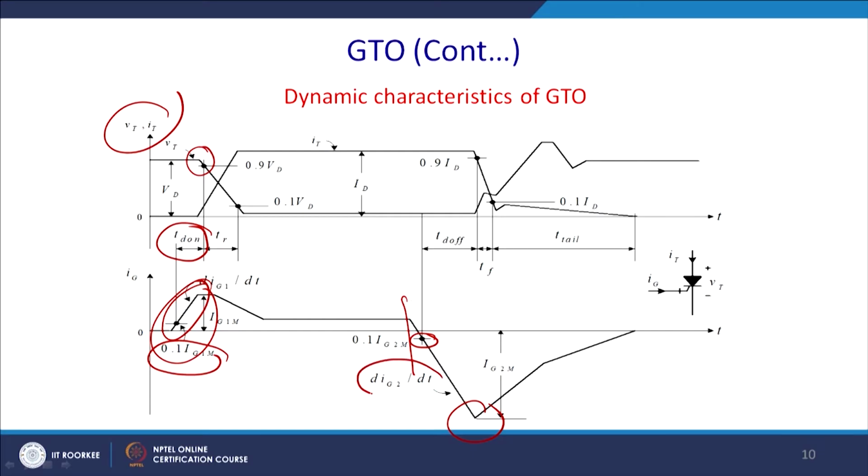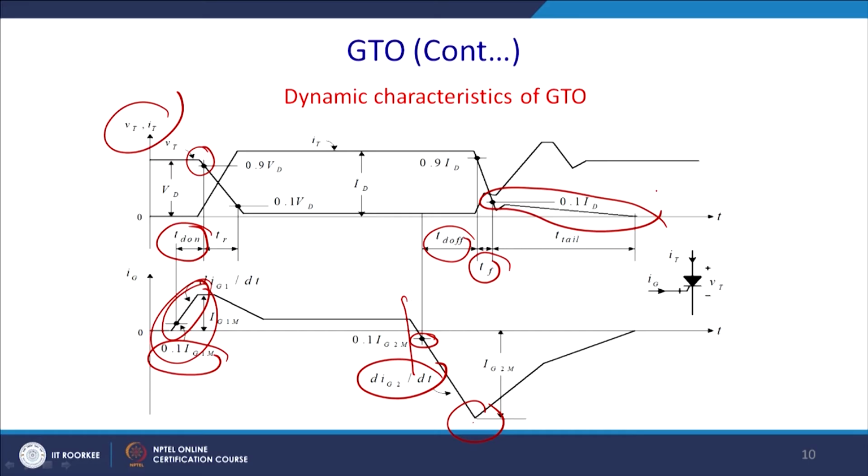For this reason there is a problem of high di/dt, so it will reach this value. Till that time it will be off, and it has still not grown up its capability, and thereafter there will be a forward blocking stage. Thereafter current will continue for a huge time, it has a current tail.